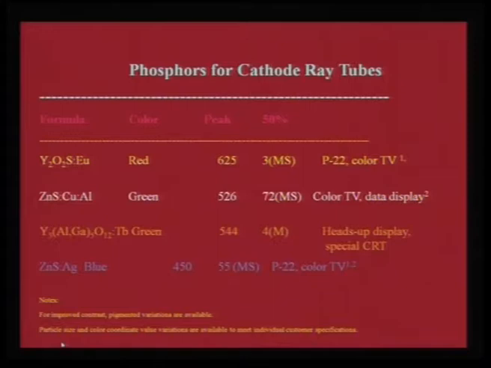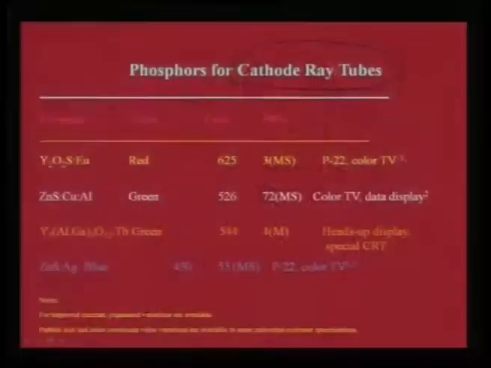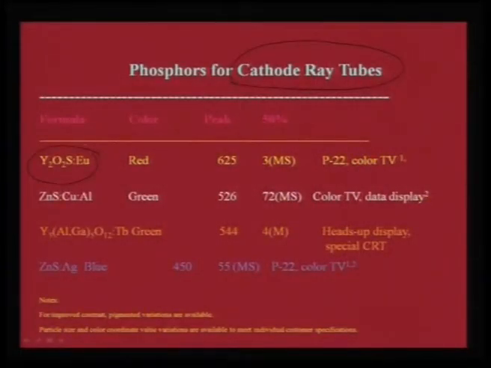And what are the phosphors that are used for cathode ray tube application? To single out some examples which are as of now used in CRT applications, as I told you, yttrium oxide or yttrium oxysulfide with europium doping is supposed to be the most preferred one for red.